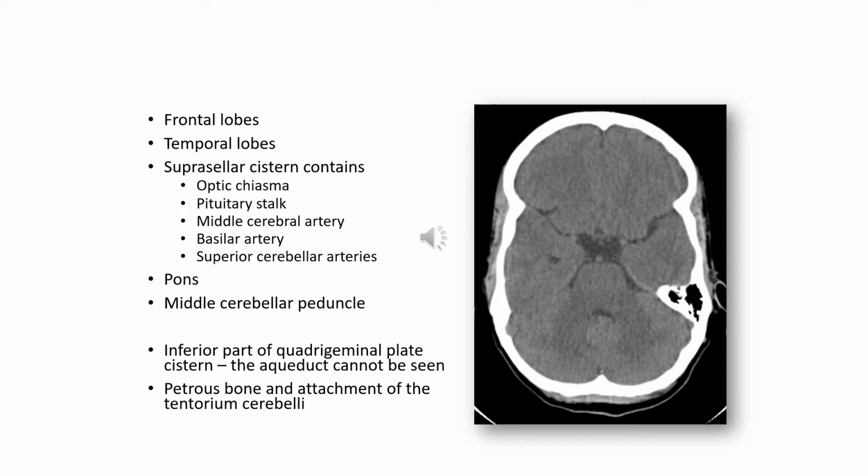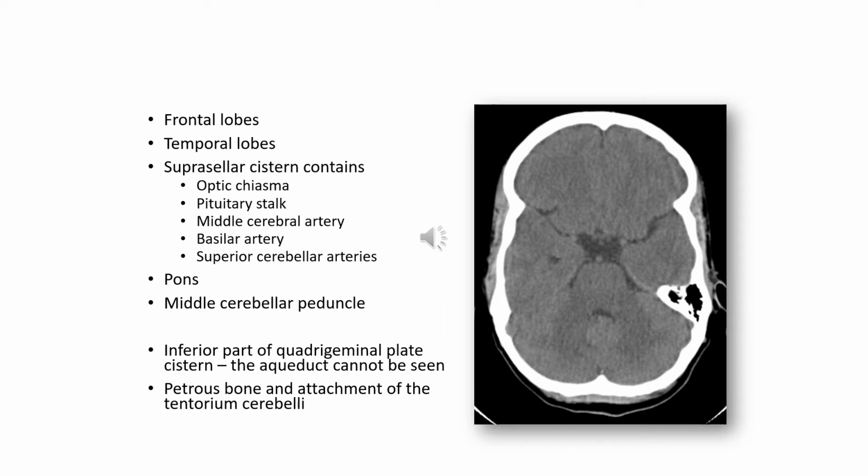The red oval shows the pons, and posteriorly coursing into the right and left cerebellar hemispheres are the middle cerebellar peduncles.